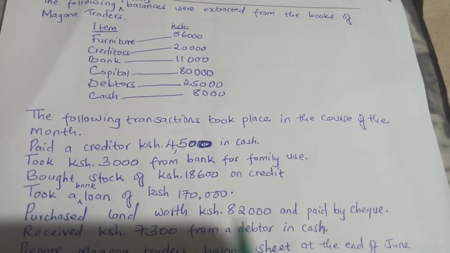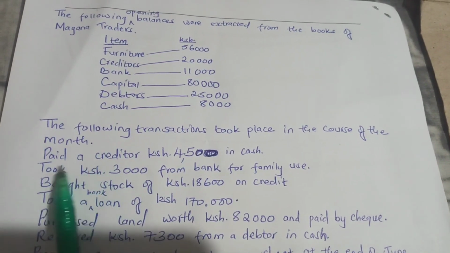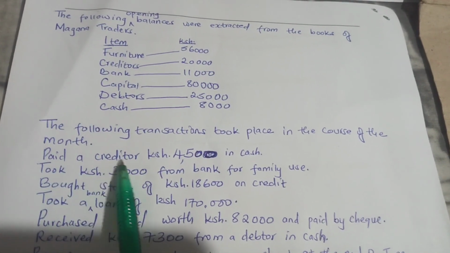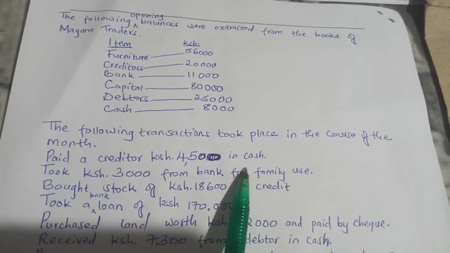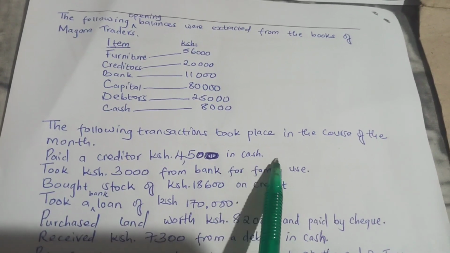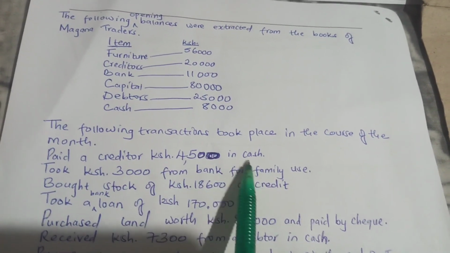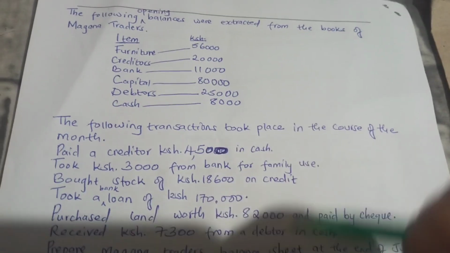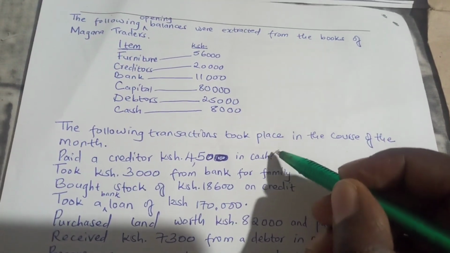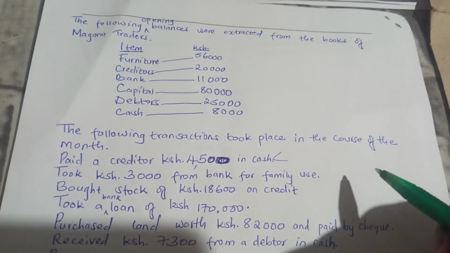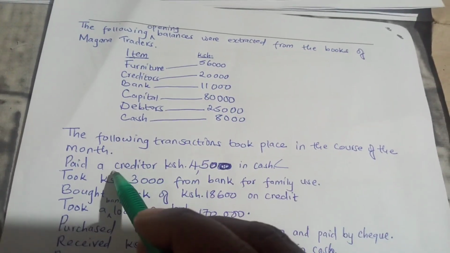So we start with the first one, which read paid a creditor 4,500 in cash. So in this case, which will be the two accounts that will be affected? One, we are seeing creditor.